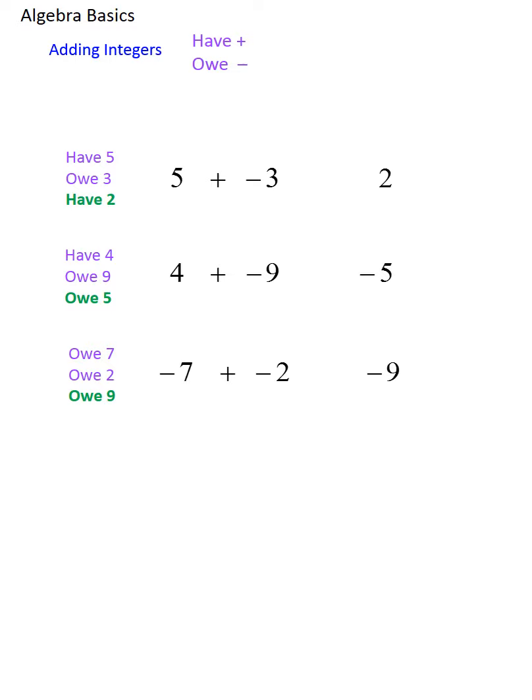These are mental tricks to speed up the process for us and to make something stick to our brain, so to speak. But if the having and owing doesn't work for you, there are many other ways to think about these. Ultimately, you have to figure out a trick on your own for how your brain is going to attach itself to these kinds of problems so that they become very quick and almost automatic in your mind.